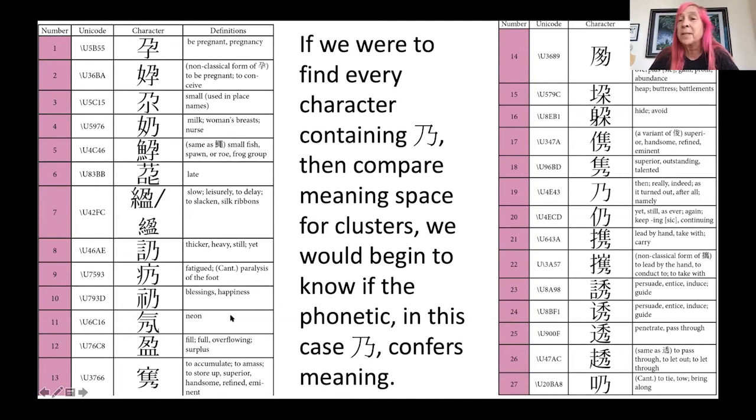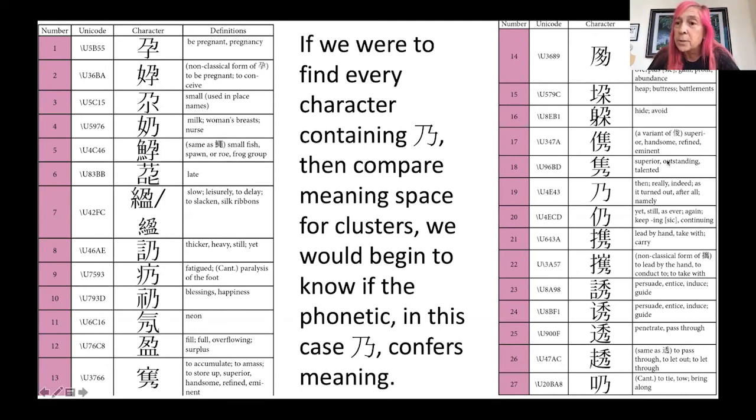I believe it's because neon and lactating breasts are both enticing. I'm telling you things as the messenger. Fill, overflowing, surplus, to accumulate, all of these could have relationships with pregnancy. To profit, well, we know prostitution is one of the oldest professions. Buttress, battlements, we have the word fortress, which in Chinese has a strong association. I think it has 3 V's in it.